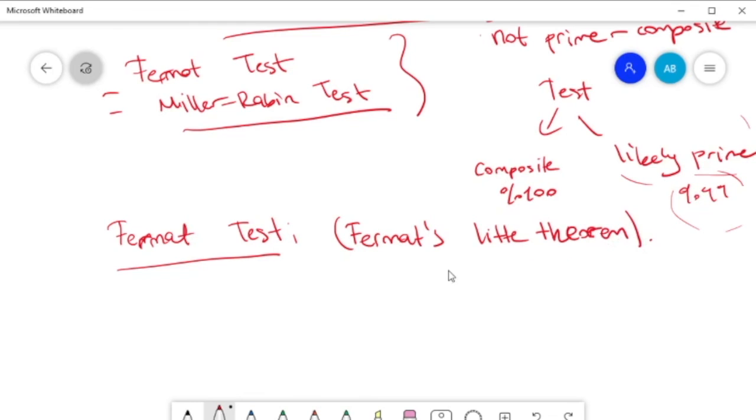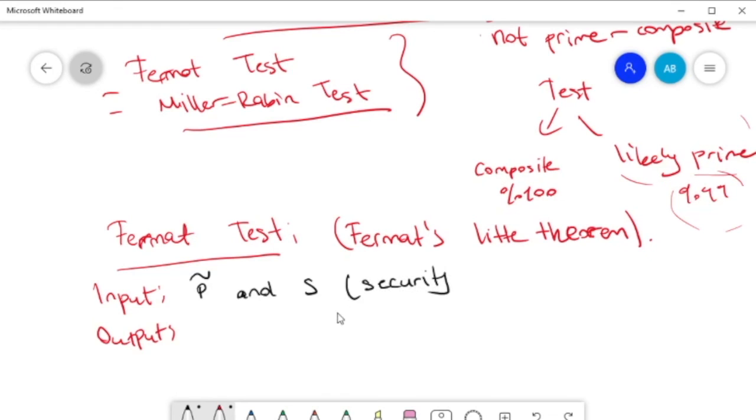The input of this test is a number P, which might be a prime, and S, which is a security parameter, and we will see later how it is used in the algorithm.